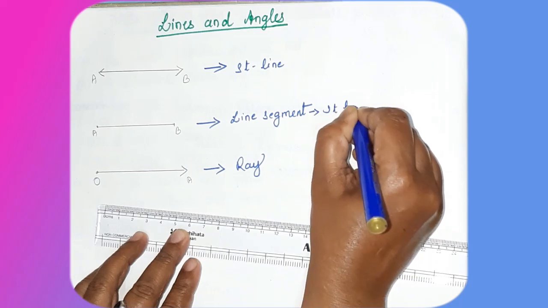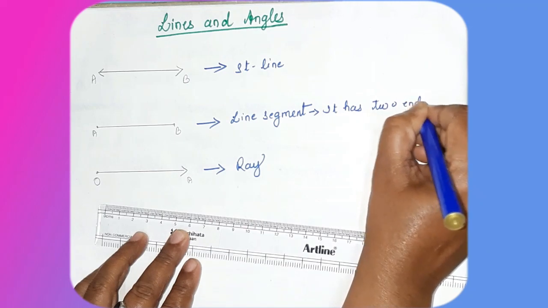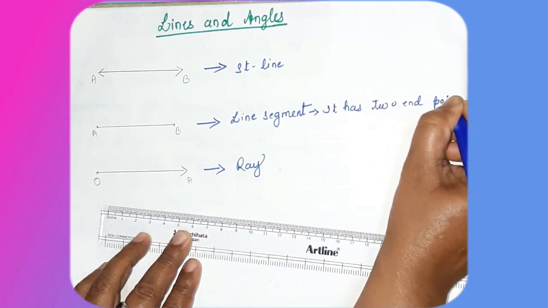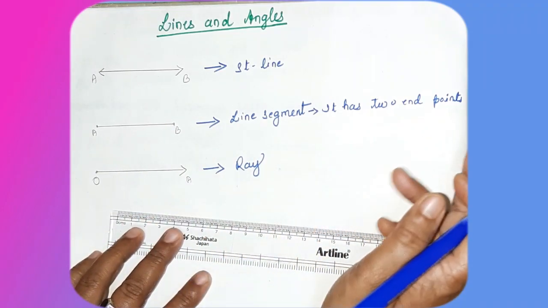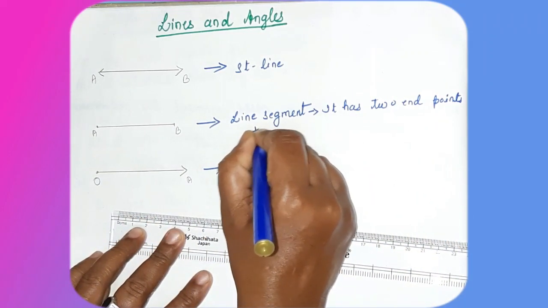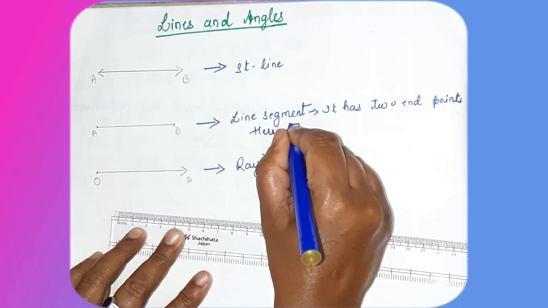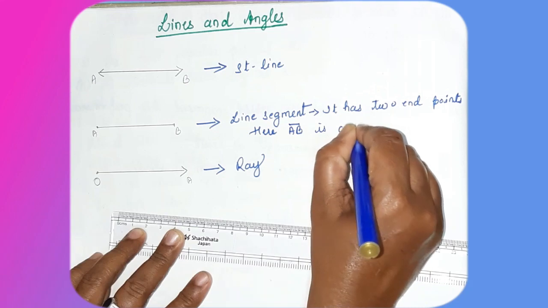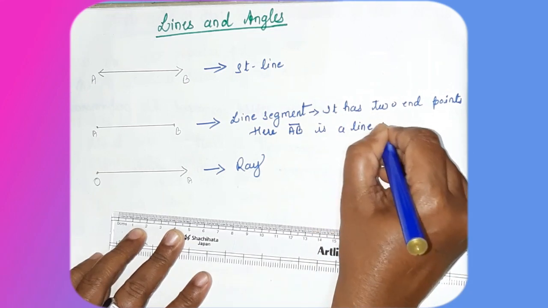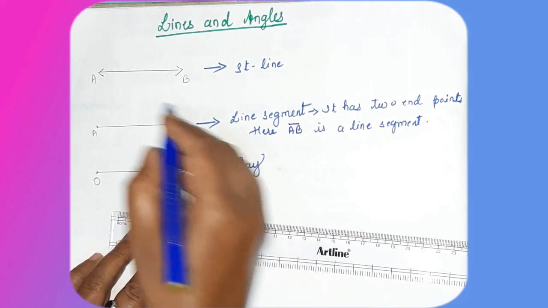It has two end points. And here AB is a line segment. Okay. Then this is a straight line.